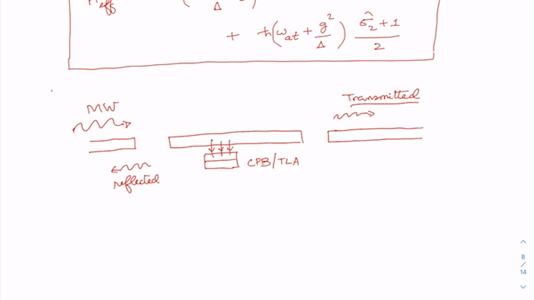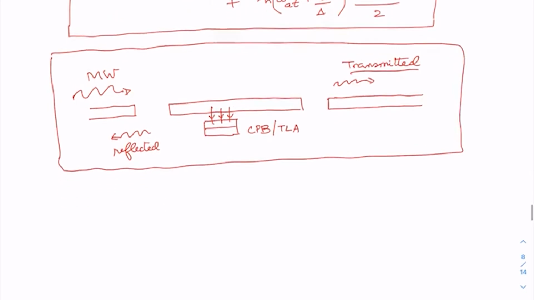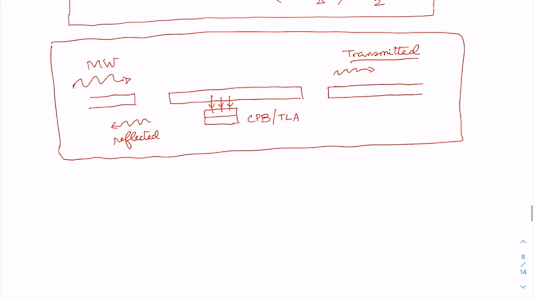In fact, this scheme was experimentally realized in the laboratory by a Yale group long back in 2004, and it is considered to be a landmark experiment in the area. This was published in the journal Nature.